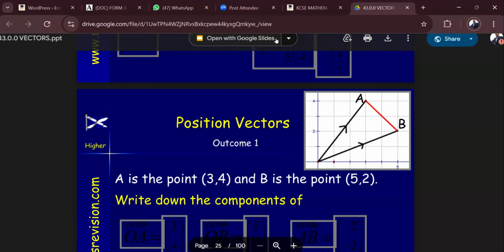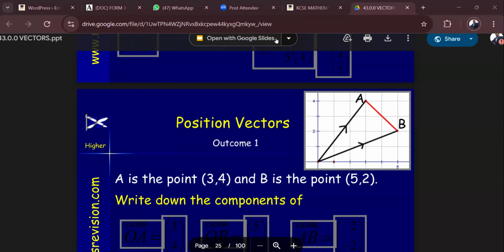What is the position of point A from the origin? If you are at the origin and you want to go to A, where do you move? You move on the x-axis 3 units, and on the y-axis 4 units. So it is 3, 4. In short, for a position vector we ask: from the origin, where do you move to get to that point?